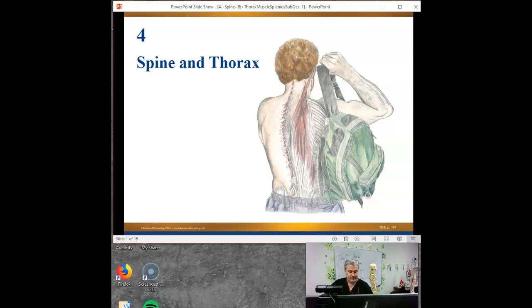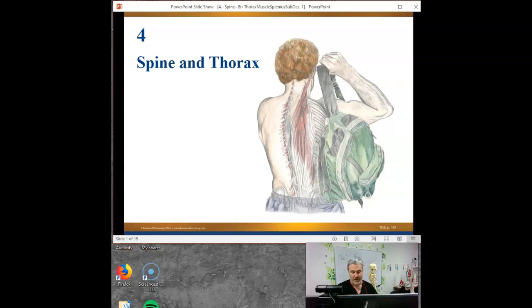All right. All 4 connect to what bone? The humerus. Yes. And 3 of them connect to what tubercle on the humerus? I'm going to guess greater. That's a good guess. Yep, and the subscapularis attaches to the lesser.